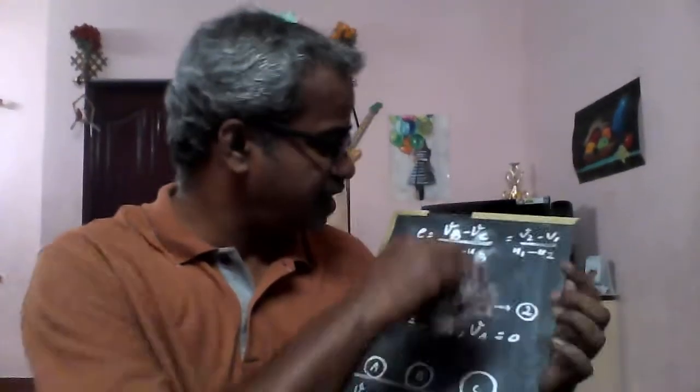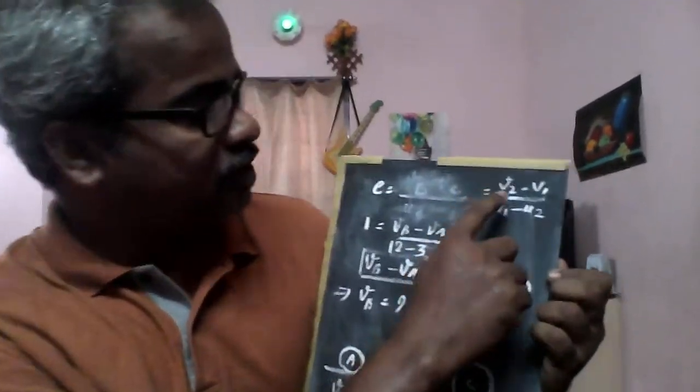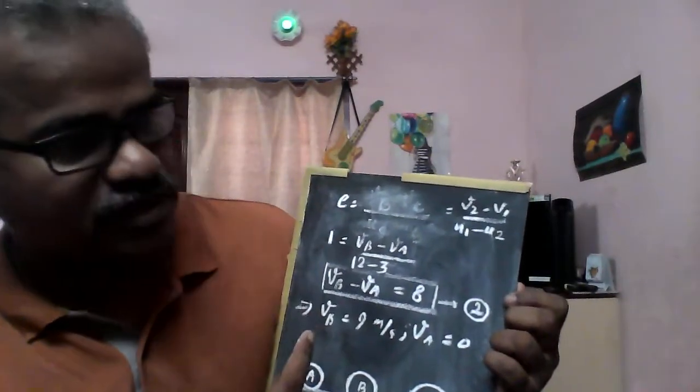Sorry, there will be a mistake. As we will consider, that is V2 minus V1 by U1 minus U2, so you don't get confused with A, B, C.